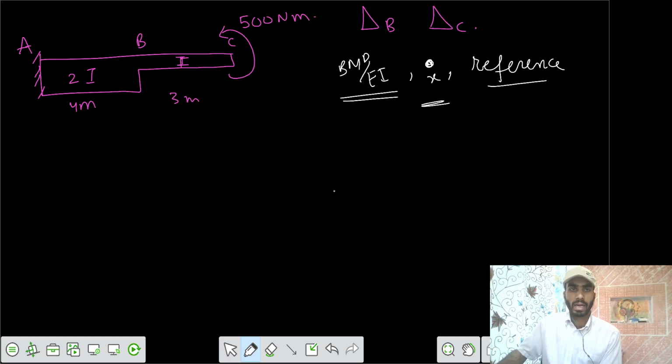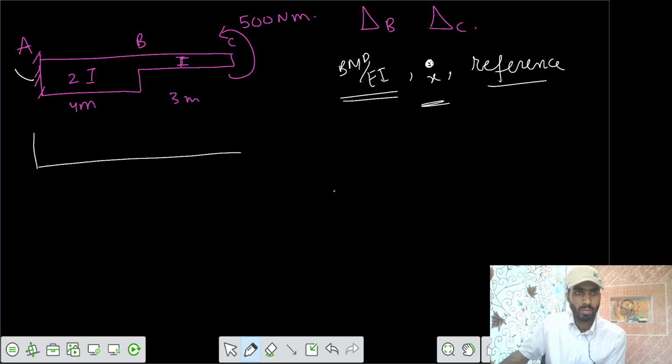We can get the BMD for this beam. BMD should be a constant positive value. Here the moment developed would be clockwise moment 500, and it would remain constant because no shear force is acting anywhere. This is your positive 500 BMD.